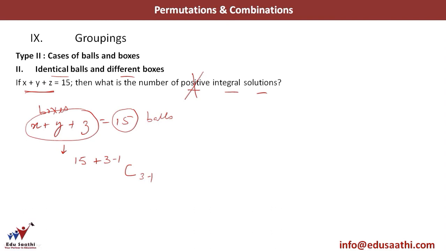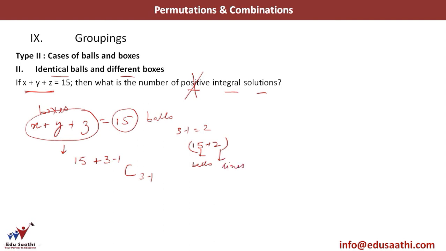So if I have to draw 15 balls here, since I have 3 boxes, how many partitions will I draw? 3 minus 1, 2 partitions. So I'll have to arrange 15 plus 2 things in a line such that 15 are alike of one kind, which are the balls, and 2 are alike of one kind, which are the lines or the partitions.